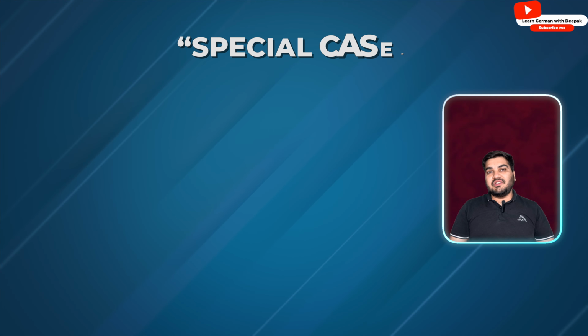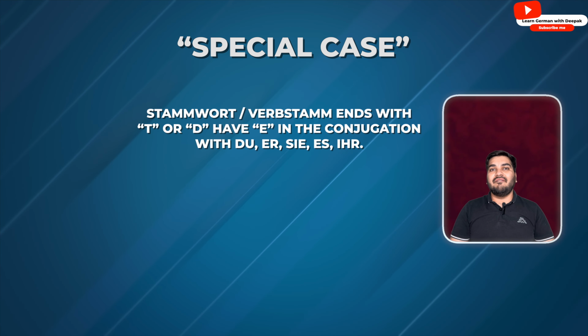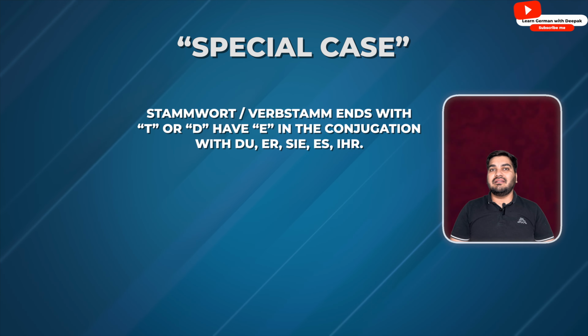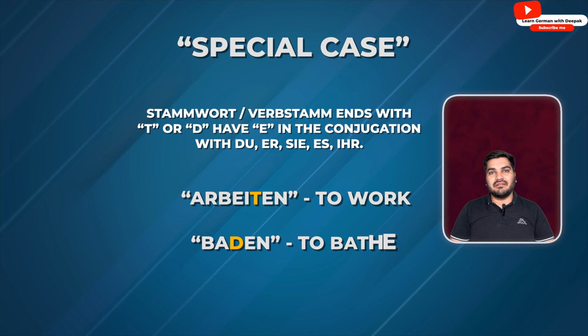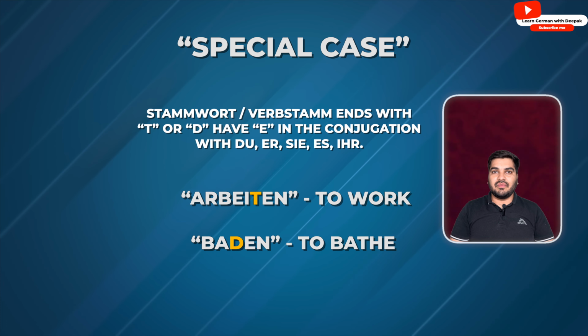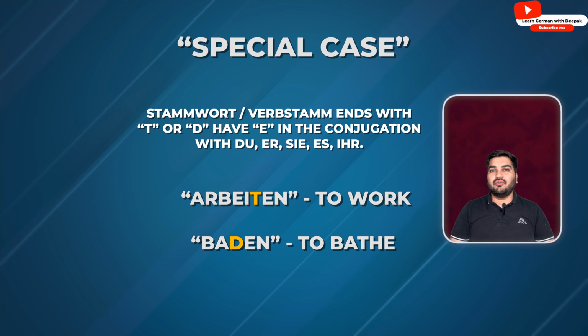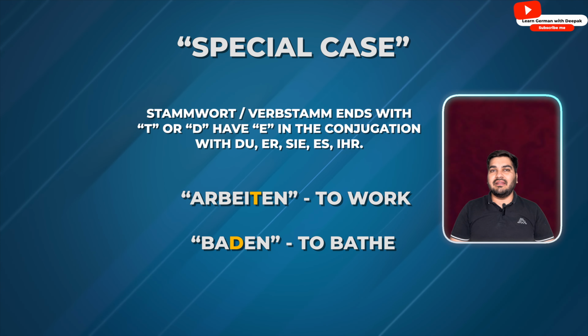Now there is another special case, that means those words in which the verb stem ends with either t or d. For example, arbeiten or baden. In these cases, when we conjugate the verb with du or er, sie, es, we do not remove en.